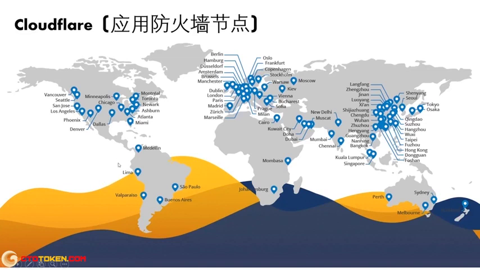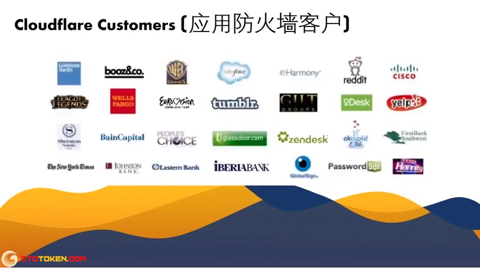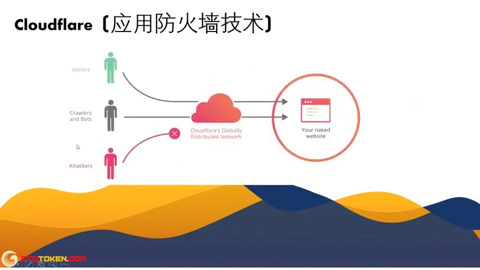We use Cloudflare as our firewall and WAF, web application firewall, and it also serves as a worker, or serverless script, that we wrote to enable the wallets to access the public node. These are some of the customers that are on Cloudflare. The most prominent one, of course, is League of Legends. The game is on Cloudflare as well.